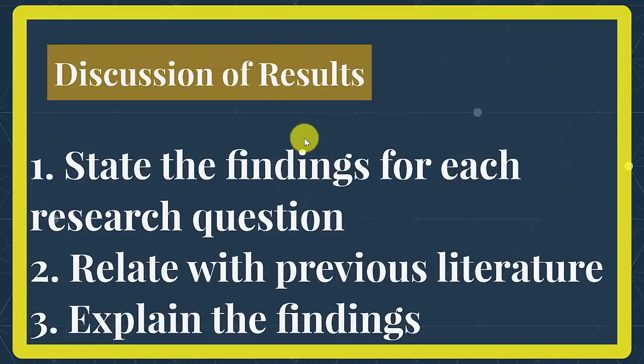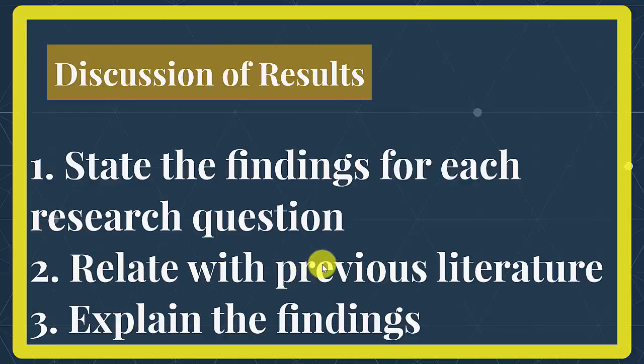Then you come to the last, I think about 3 more to go, discussion of results. For each research question, you state the findings. And then the second thing, you relate it with previous literature. You can say this agrees with the findings of Kuriziza 2017 or Shabani 2018 or Emanuela or Ramadan, or disagrees with the findings of Richard.